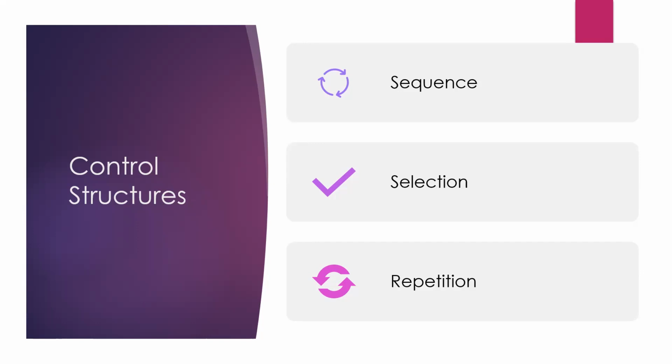So these three types of control structure define how a program executes, right?